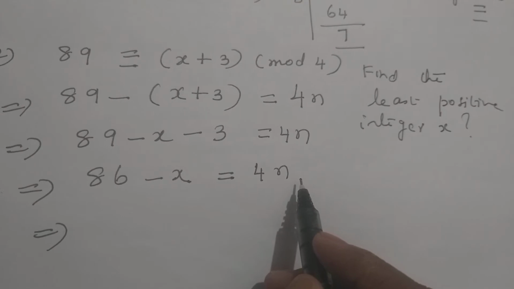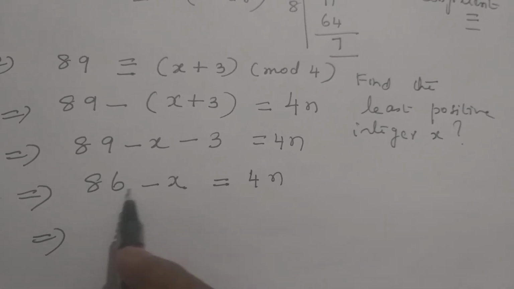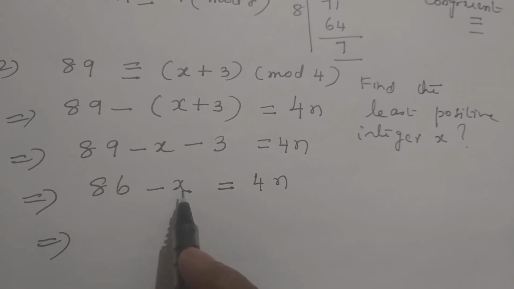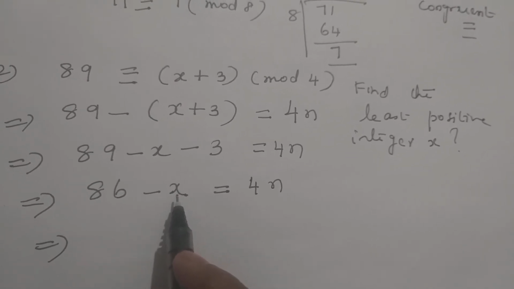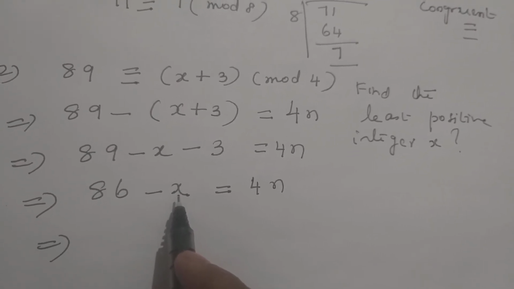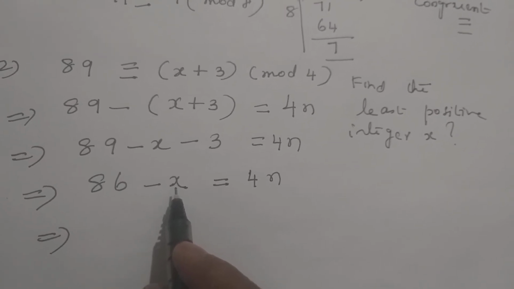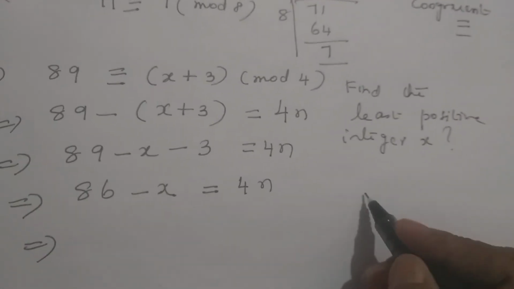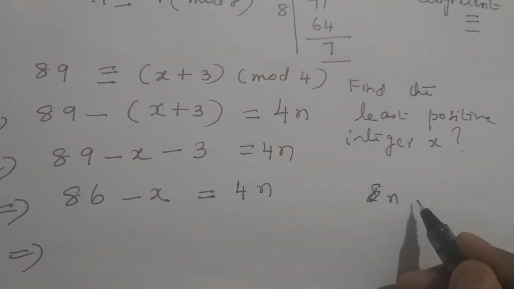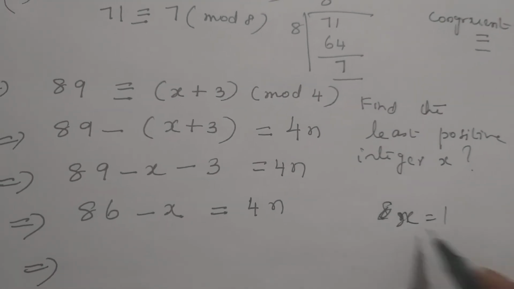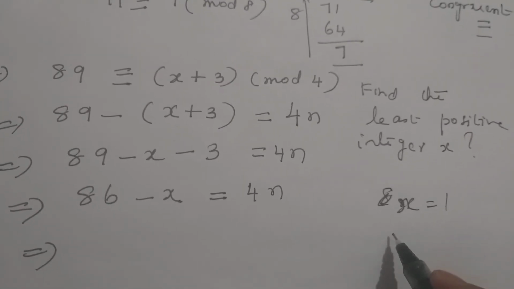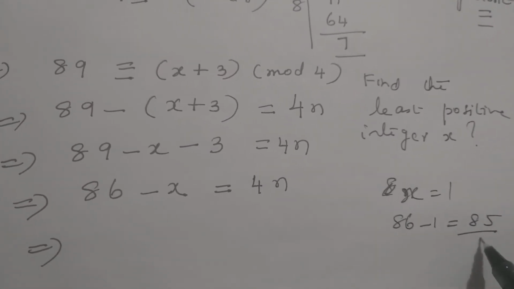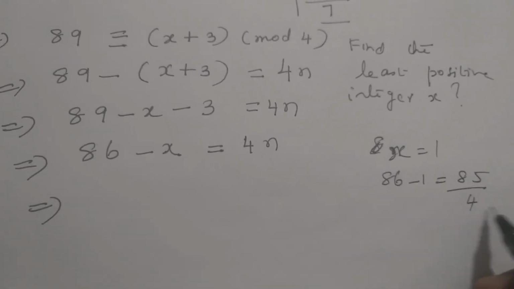For that, what we are doing is, suppose you are subtracting 1, what are you getting? 85. Is it divisible by 4? Check it. 85 surely is not divisible by 4. First check x equal to 1. When you substitute x equal to 1, you are getting 86 minus 1 equal to 85. It is not divisible by 4.